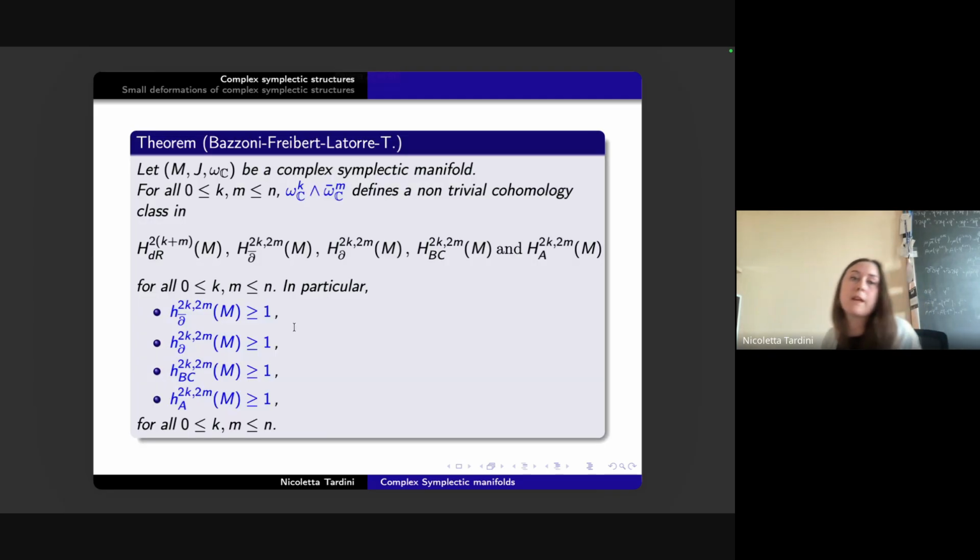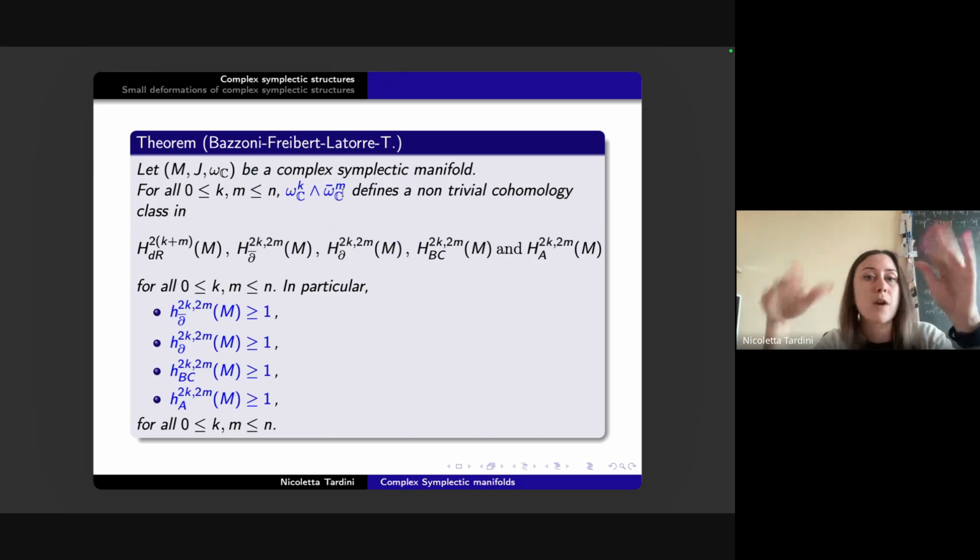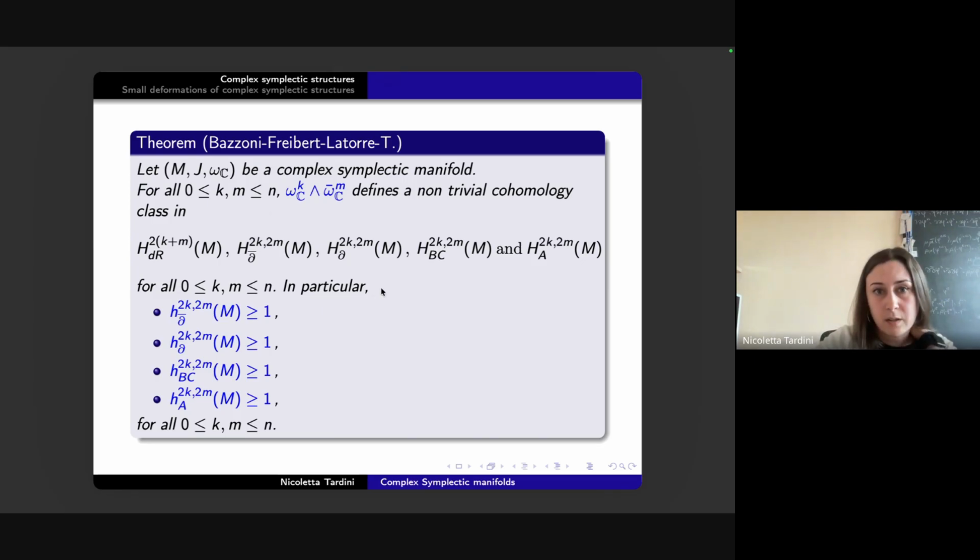And so we proved that if you have a compact, again, I'm assuming compact, complex symplectic manifold, then you take omega c and its conjugate, and you take their wedge product and any power of them, okay? So omega c to some power k, wedge omega bar c to the power m. Then these forms, as you in fact can expect, will give you non-trivial cohomology classes in all the cohomology groups that essentially you can define on a complex manifold, okay?